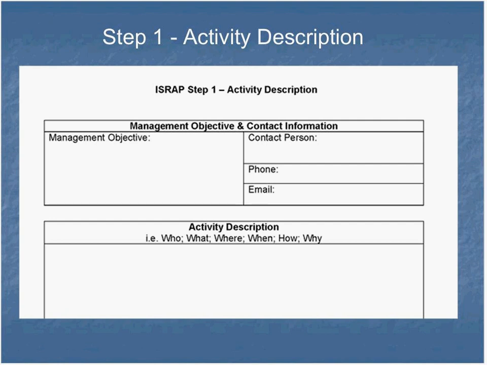So the activity description, this is step 1, fill out these boxes. It's pretty simple, and there's a management objective here. You would put in a contact person, just your name, a phone number, email address, and then the activity description: the who, what, when, where, how, and why.